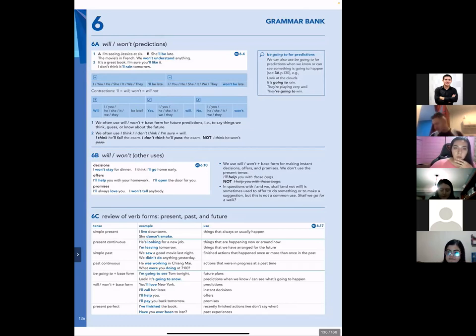Okay, so this is the page, it's page 136. I'm going to give you a little bit of time so you can go ahead and get there. Okay, let me know once you're there, please.